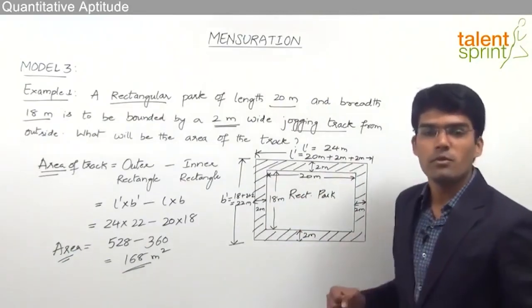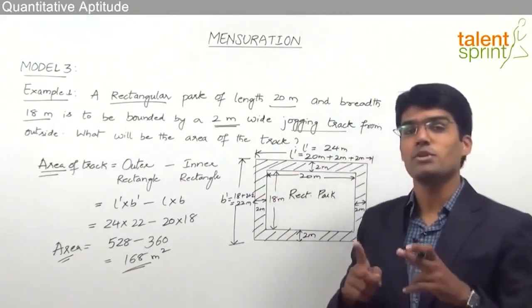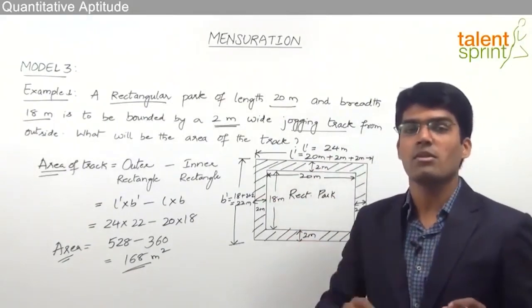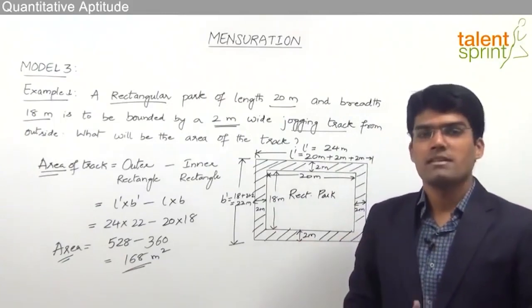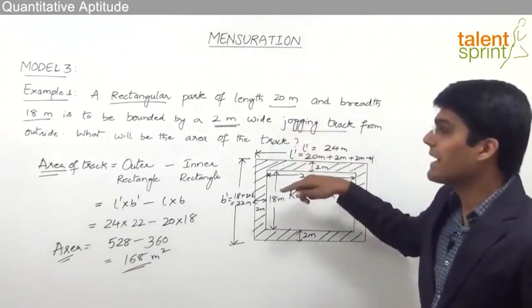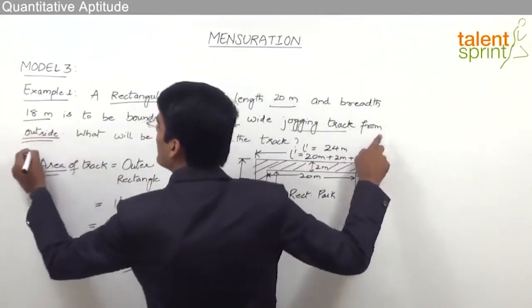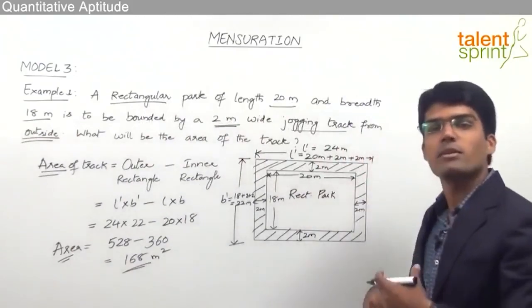The only point where we need to be careful here is while measuring the length and breadth of the outer rectangle. Remember, it should be extended on both the sides but not only on one side. Similarly, in some cases it may be given that the track is constructed inside. For example, very clearly in this question we know that the jogging track is from outside. The rectangular park is bounded from outside.